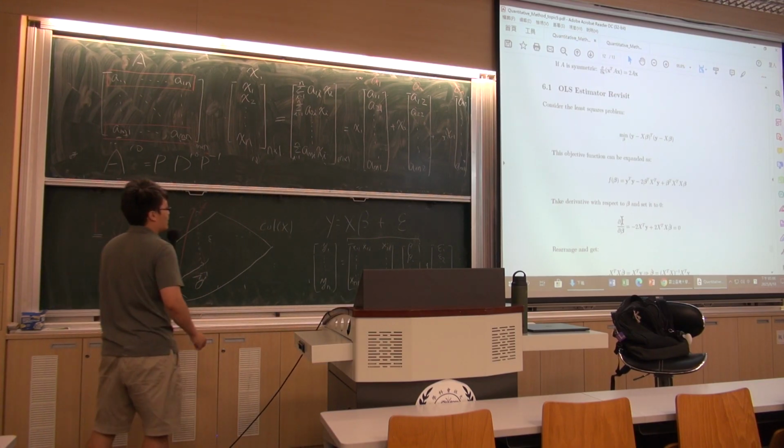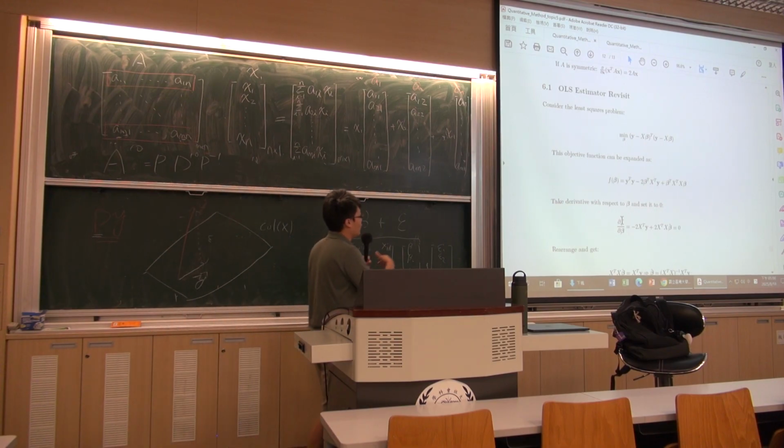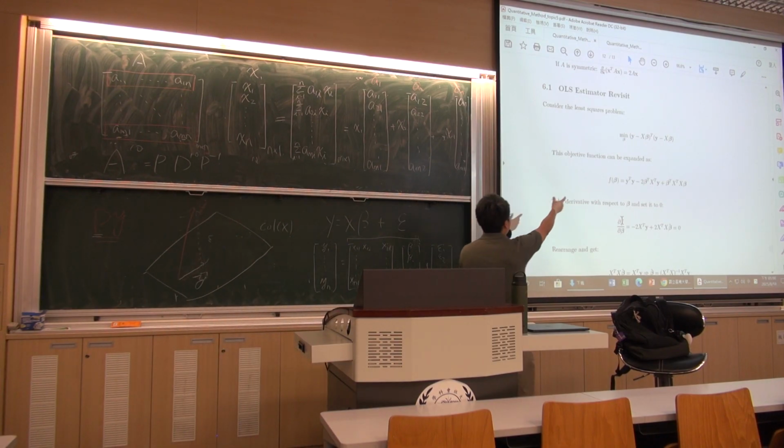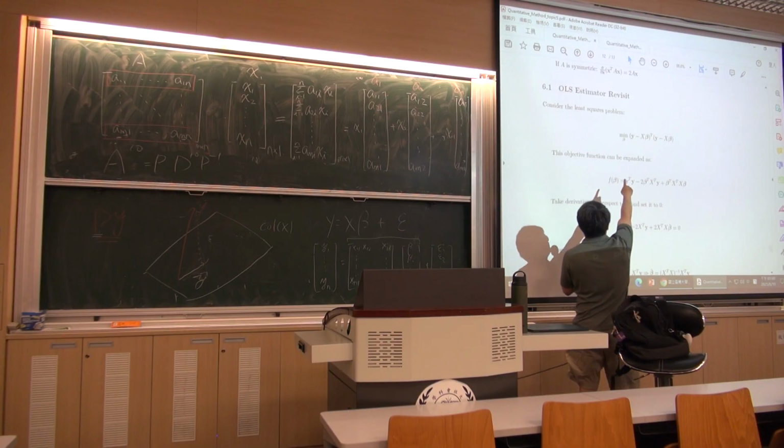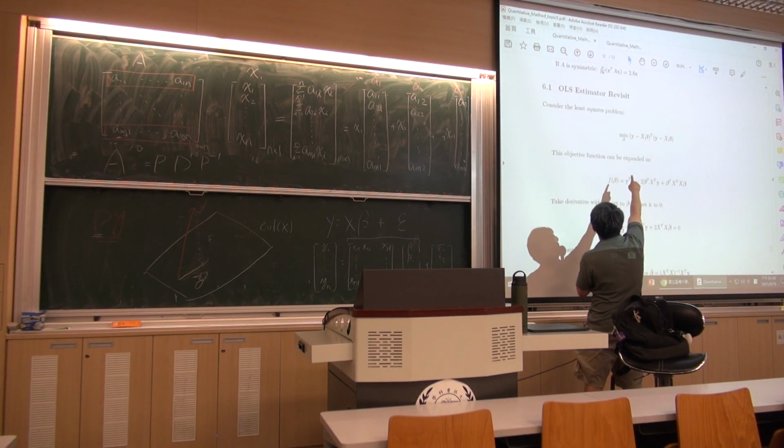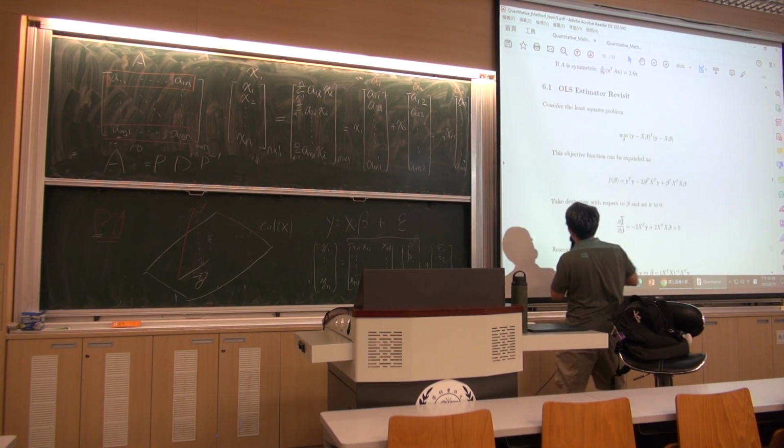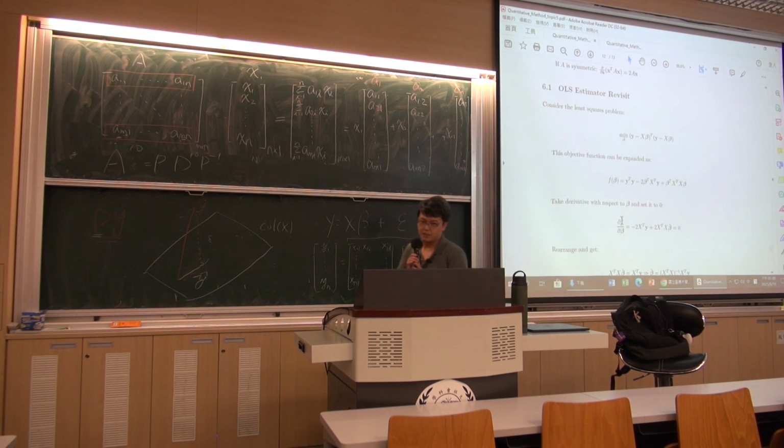The criterion is to minimize the distance between the real y and y hat, which is X times beta. That is our objective function, and what can be changed is beta. So we are going to find the exact beta that minimizes the distance.